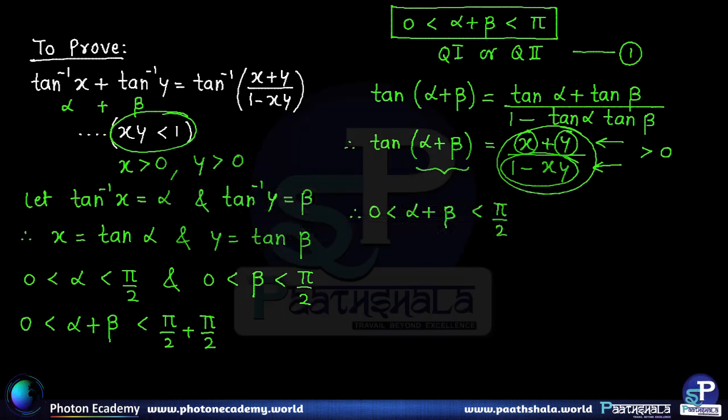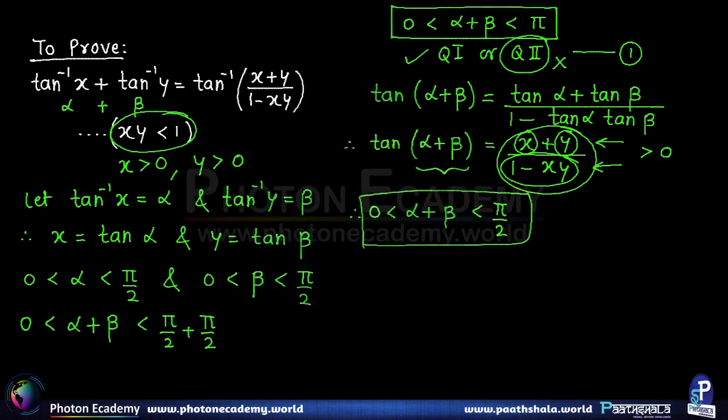Since alpha plus beta lies between 0 to pi by 2, the second quadrant has been ruled out and what we have shown is it lies in the first quadrant, and the first quadrant, that is 0 to pi by 2, definitely belongs to the principal value branch of tan inverse, that is minus pi by 2 to pi by 2.